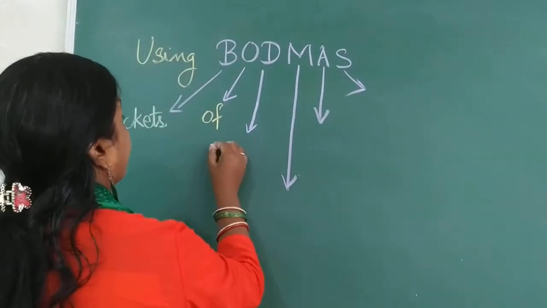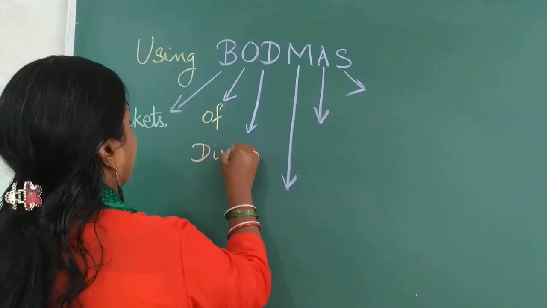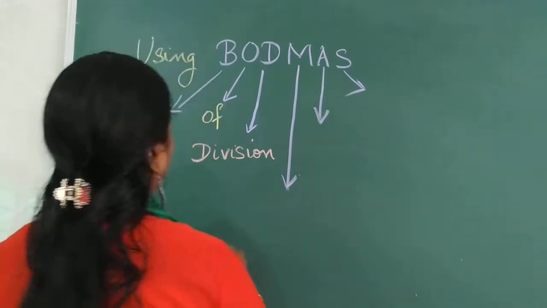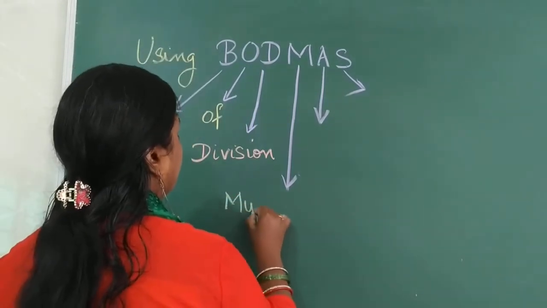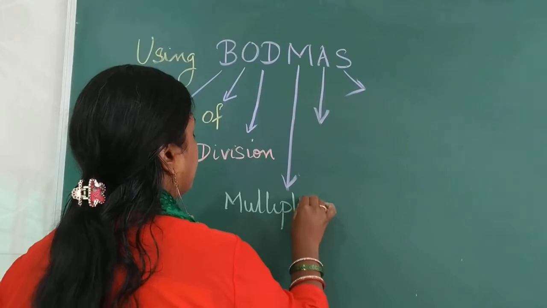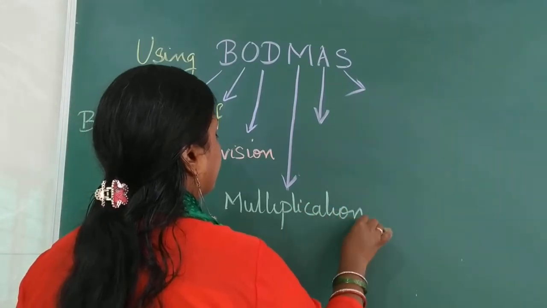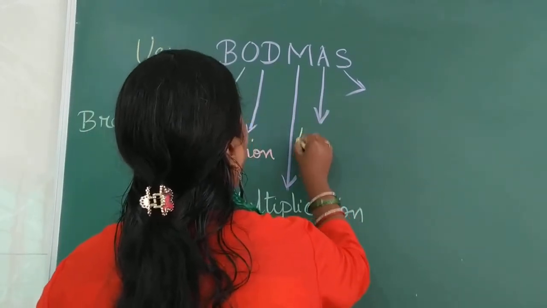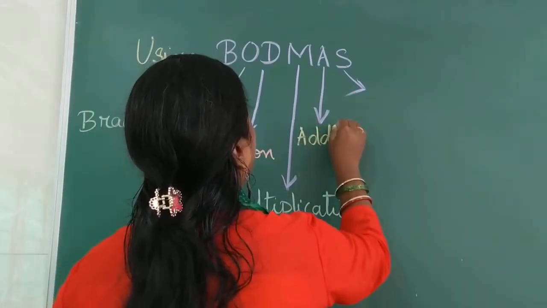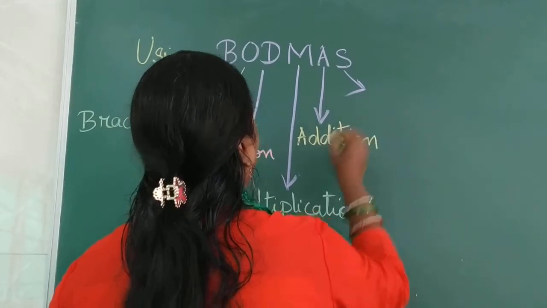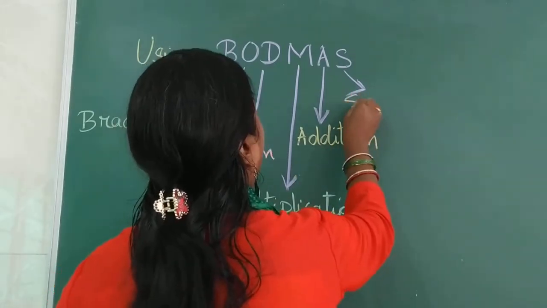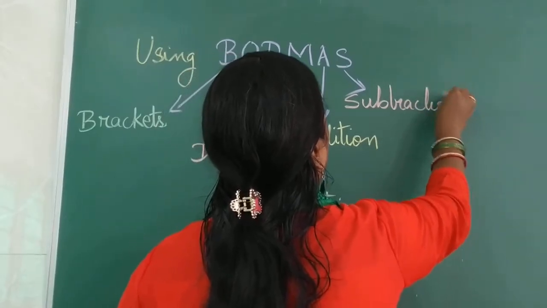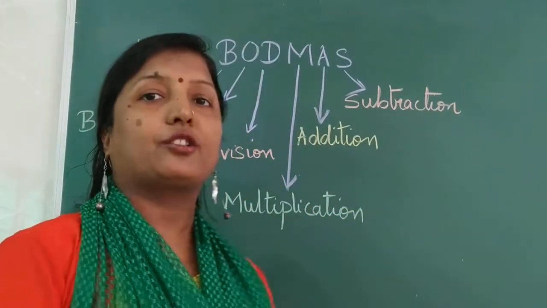The next, D, stands for division. The M stands for multiplication. The A stands for addition. And the S stands for subtraction.